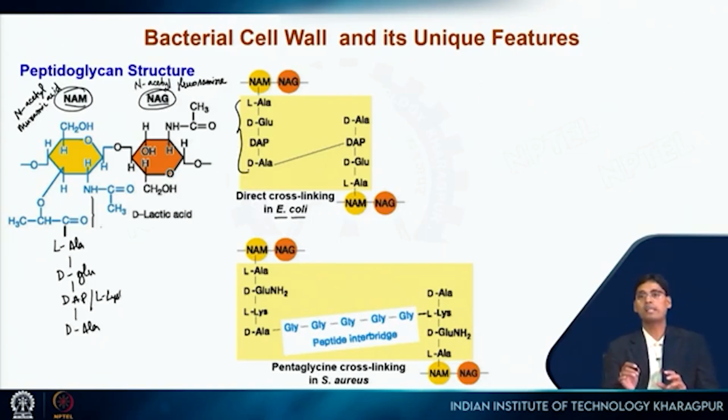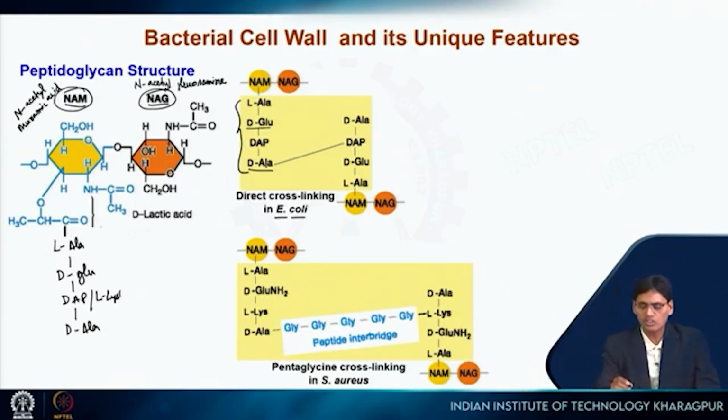When we discuss proteins, most amino acids are the L form, the natural amino acids present in protein. But here many of the amino acids are the D form, like D-glutamic acid and D-alanine, and that is advantageous for bacteria because it gives some resistance to different peptides and so many things.